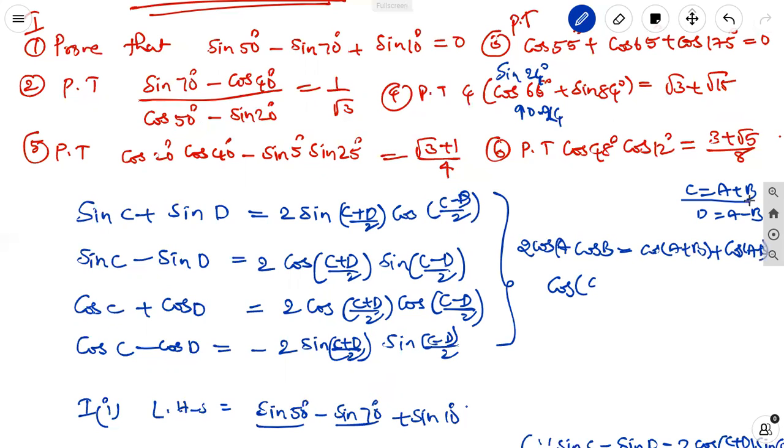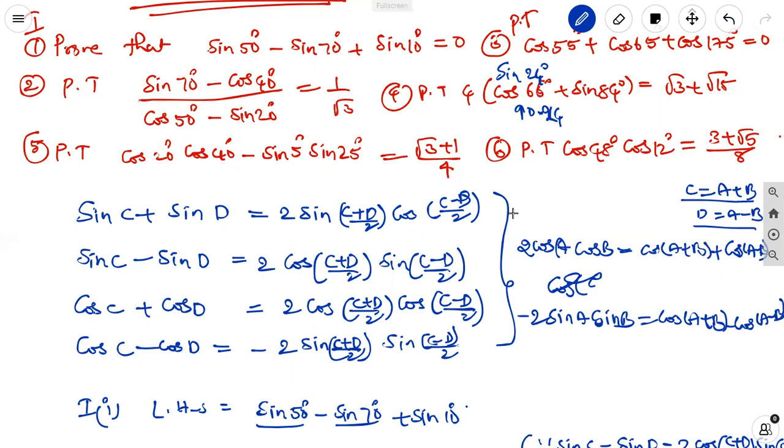Because C equal to A plus B, D equal to A minus B. This is in the form of 2 sin A sin B, with minus, that is cos of A plus B minus cos of A minus B. We can write it as.